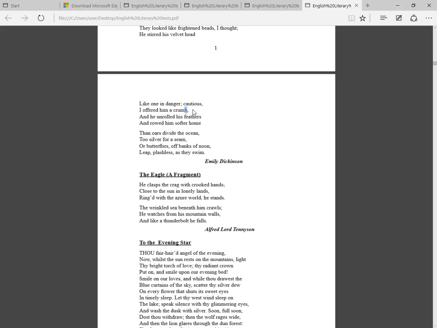Crumb. M sound. M. Feathers. What is the last sound? Home. What is the last sound?